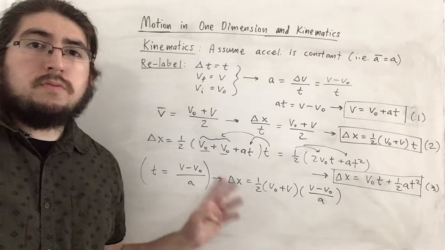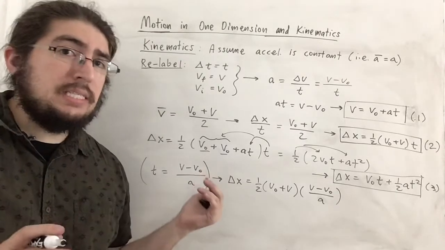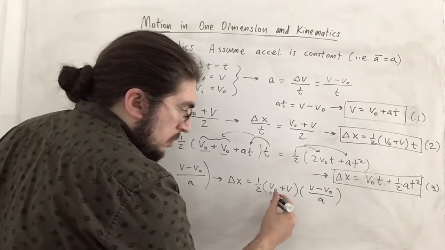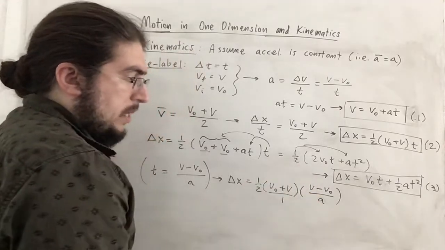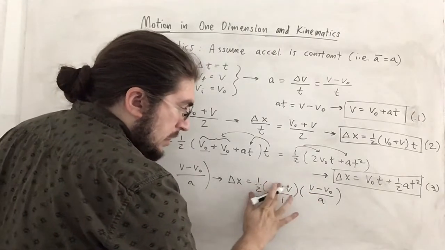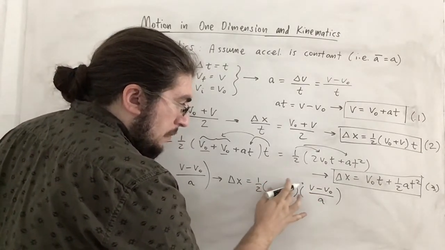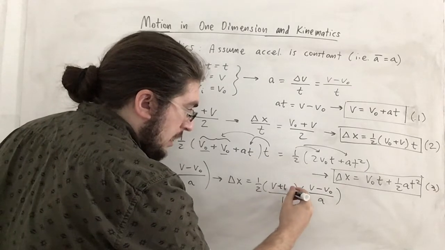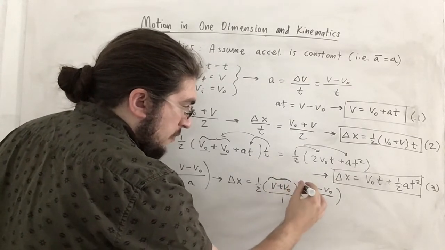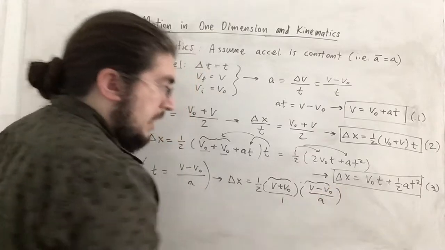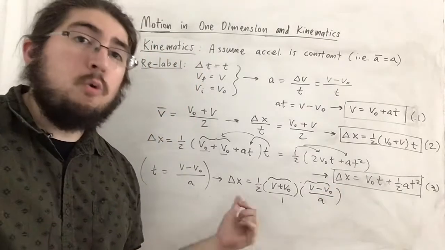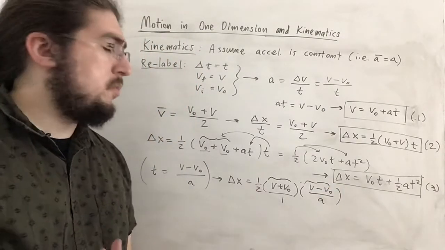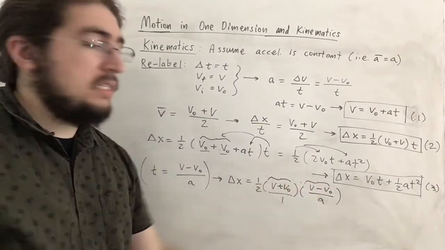All right, so a few nice things happen. The first nice thing is that we can write this as over 1, so we multiply straight across. And I'm going to rearrange the order here. Instead of writing v naught plus v, I'll write v plus v naught, just so I recognize that this multiplication of these two quantities on top really is a difference of squares from algebra. So it's going to be v squared minus v naught squared.